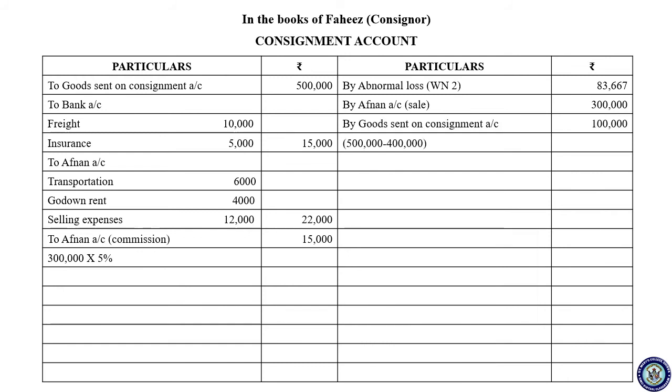Okay, next we have to adjust the loading price. First we have to adjust on the goods consigned, that is 5 lakh is the invoice price, cost price is 4 lakh, the difference is loading price.